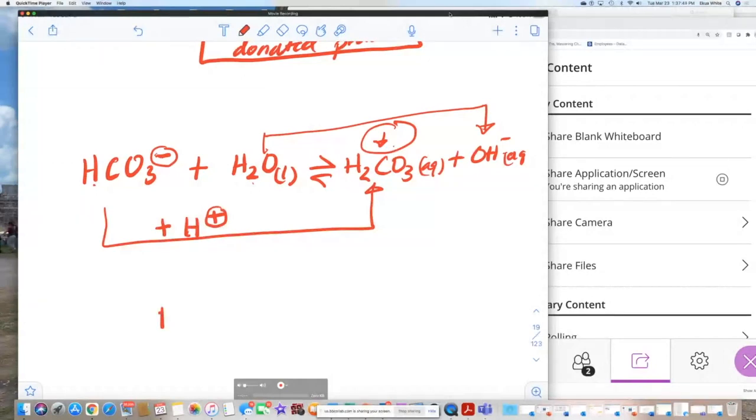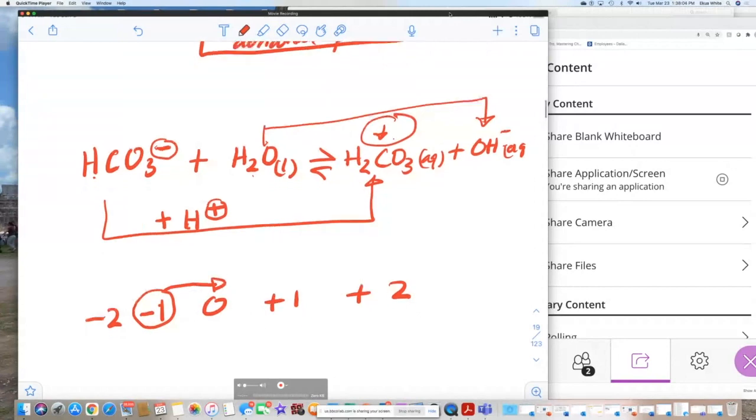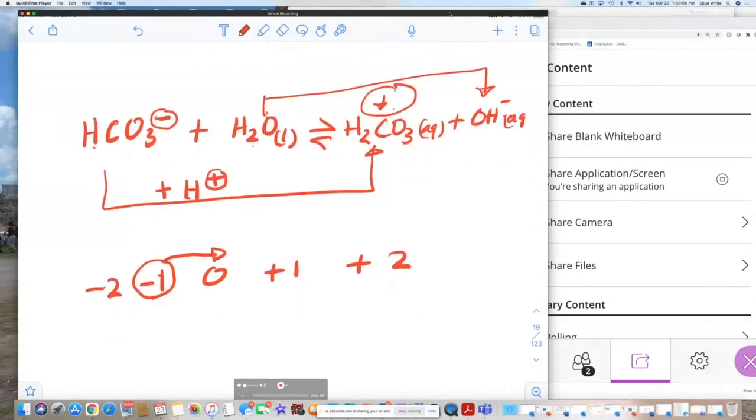So it's kind of like going on the number line, right? -2, -1, 0, +1, +2. So depending on where you start, if you're starting off here and forming an acid, it's going in this direction. That's kind of how I saw it in my head until I leaned on the math until I got the chemistry, right? If you're starting here and forming an acid, you're going right.